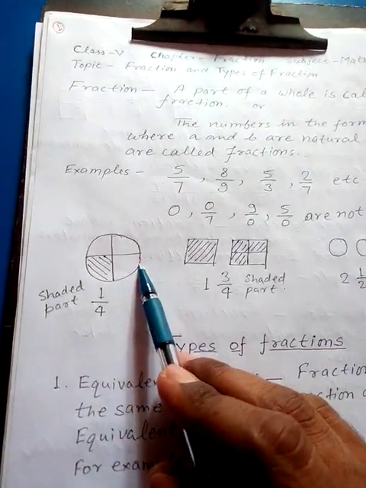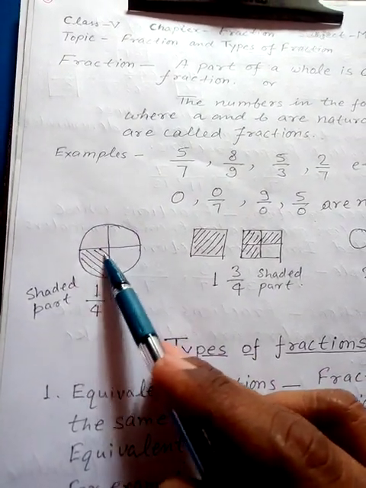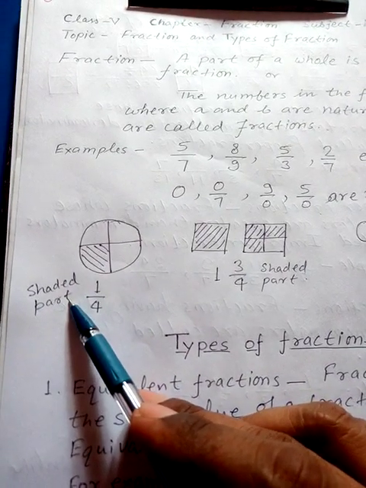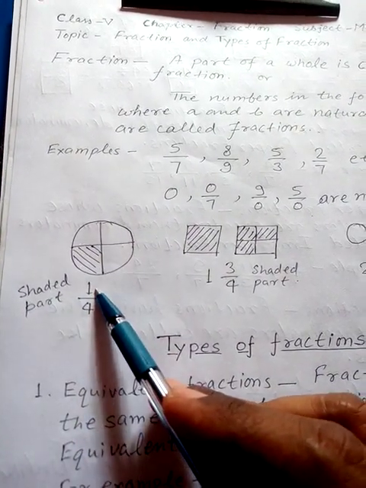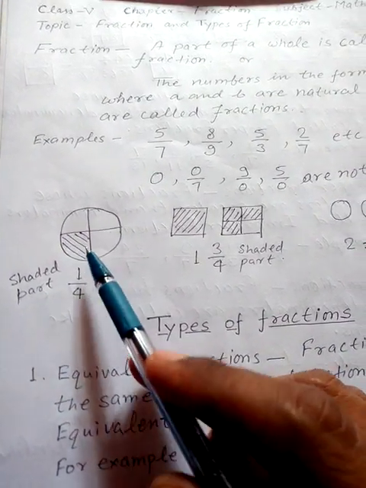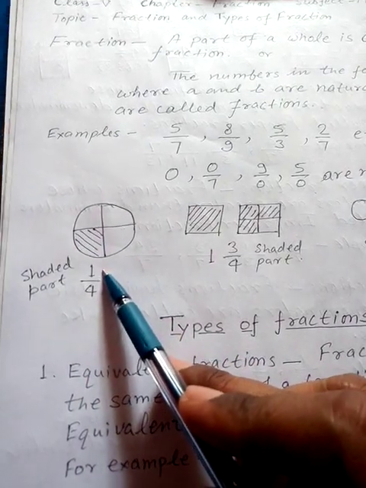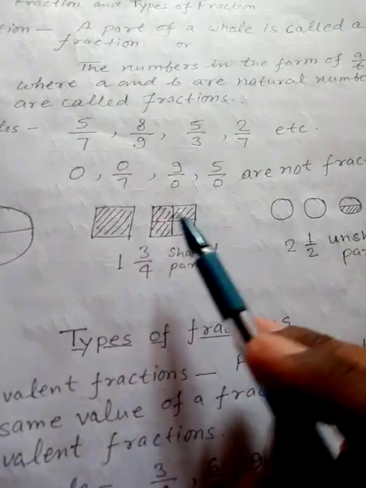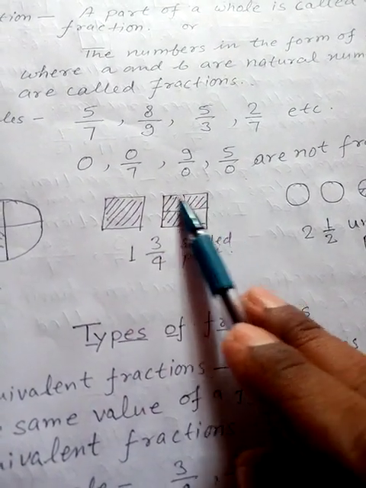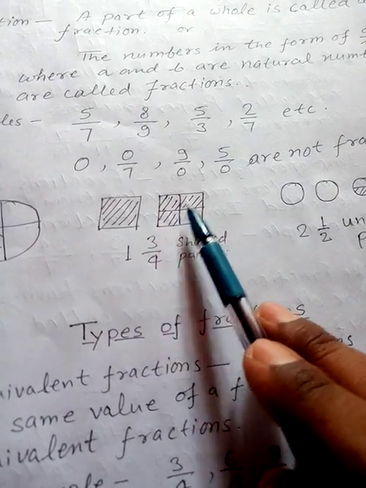Here you can see by diagram, this is the whole thing and this is the part of the whole, the shaded region. The shaded part is 1 out of 4, so the denominator is 4. That is, this fraction is represented as 1 by 4. Here you can see this is whole 1, divided into 4 parts, and 3 parts are shaded.